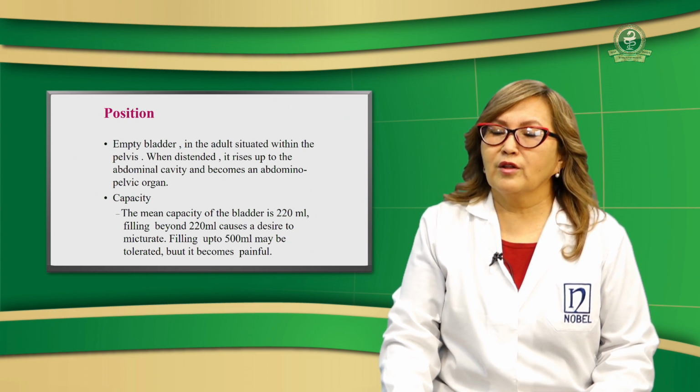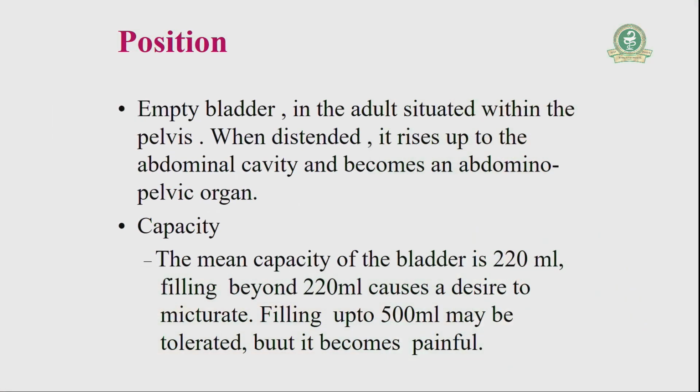Capacity. The mean capacity of the bladder is 220 ml; filling to 220 ml causes a desire to micturate. Filling up to 500 ml may be tolerated, but it becomes painful.